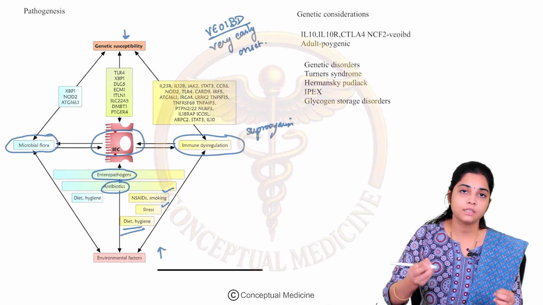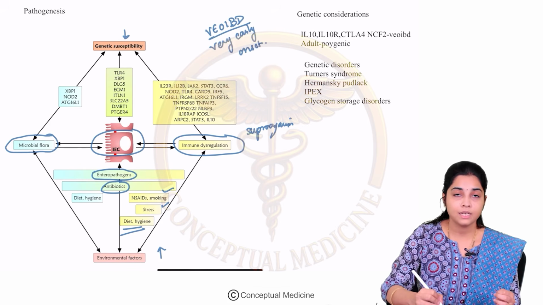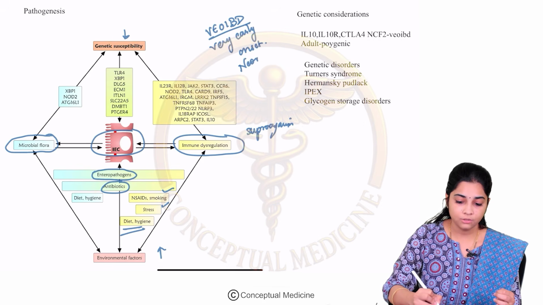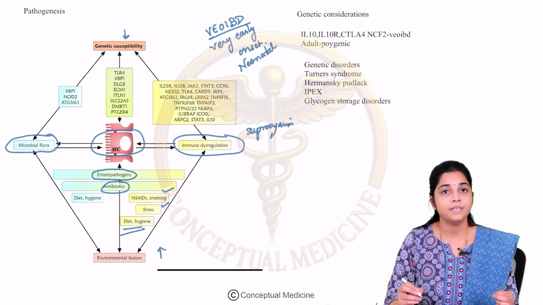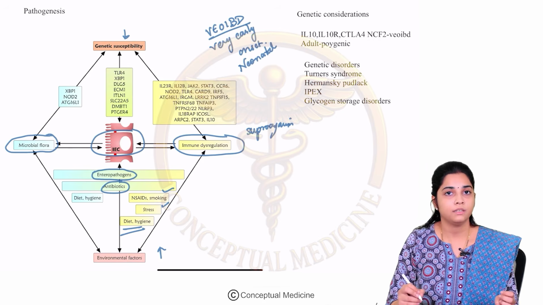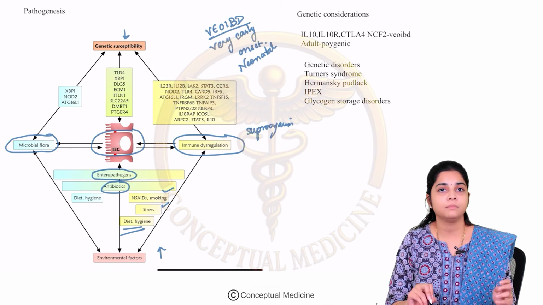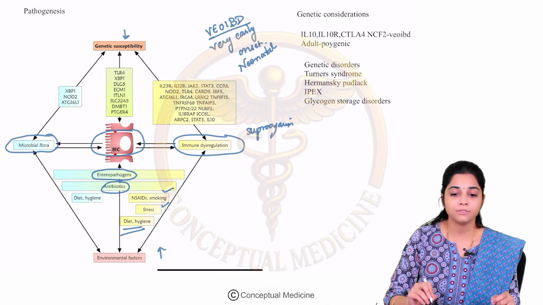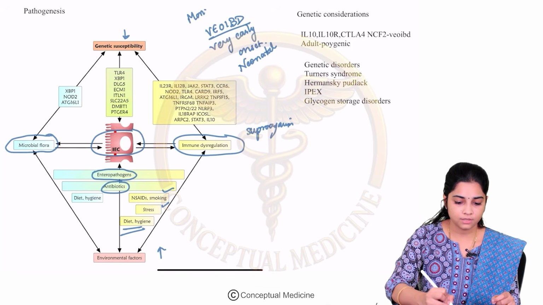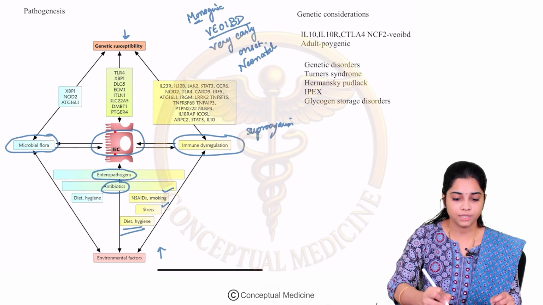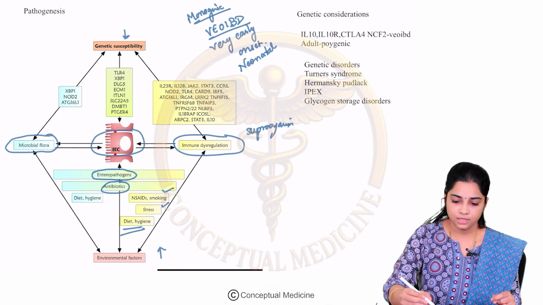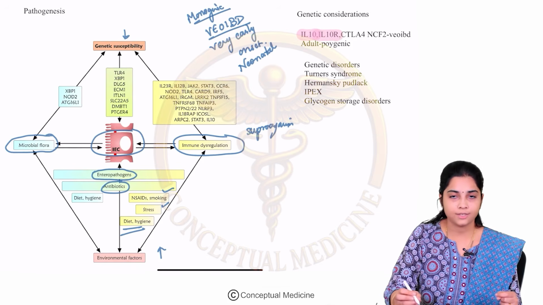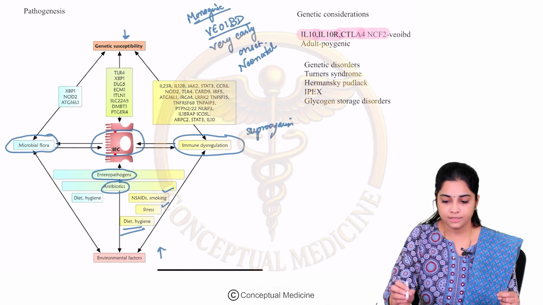Very early onset IBD basically means the IBD that occurs in the neonatal age group. And most of the time, these neonatal forms of IBD have a monogenic association. Monogenic means one gene you can pinpoint. What are those genes? They are interleukin 10 receptor, CTLA4 and NCF2.